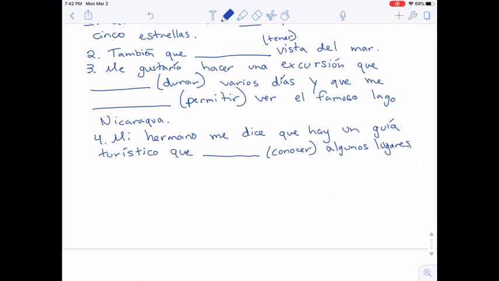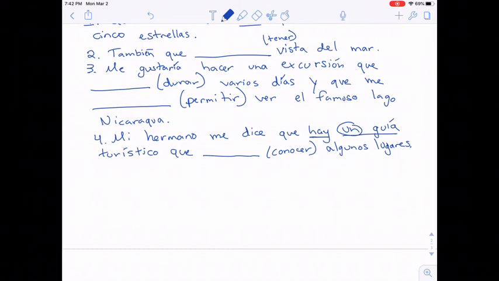So I just want to go over this one really quickly, because some of you might have gotten this incorrect. You might have been unhappy about that. So this says un guía, so there's going to be an indefinite article there, but hay is very important here. Hay means there are, there is, excuse my voice.